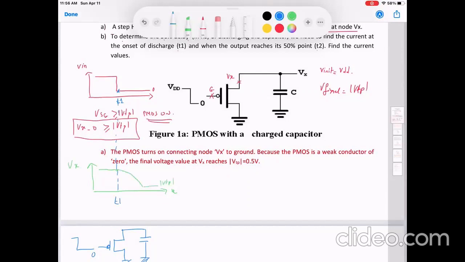But the 50% time point is the time point T2, and at T2, Vout or Vx reaches its 50% value, which is the midpoint between its high and low, so Vx will be equal to VDD plus VTP over 2.